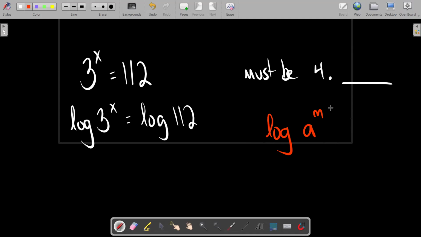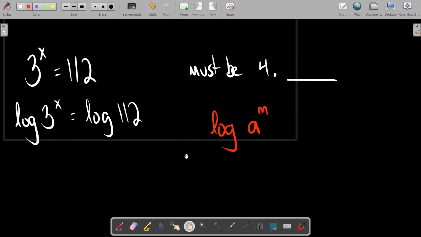So in a book, you'd probably see it as log of a to the bth. I just chose m's because no one ever thinks m's look like anything other than m's. The single most useful property of logarithms states that you can take the exponent on the argument of your log and bring it down in front. And if you're not aware, instantly, of how amazingly, insanely powerful and useful that is, you soon will be. So what this means is if I have the log of a to the power of m, I could rewrite it as m times the log of a.